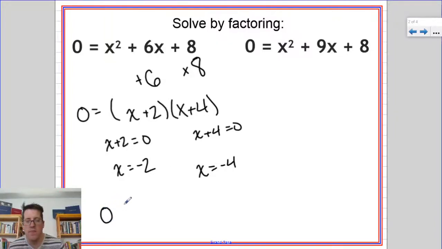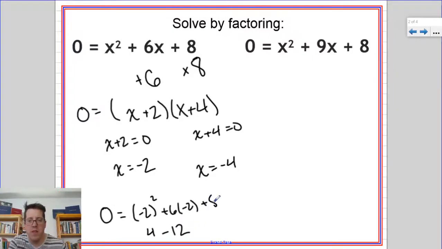Let's see that. 0 equals negative 2 squared, that's 4, plus 6 times negative 2, that's negative 12, plus 8. 4 minus 12 plus 8, that does equal 0. So that shows that this is a solution.